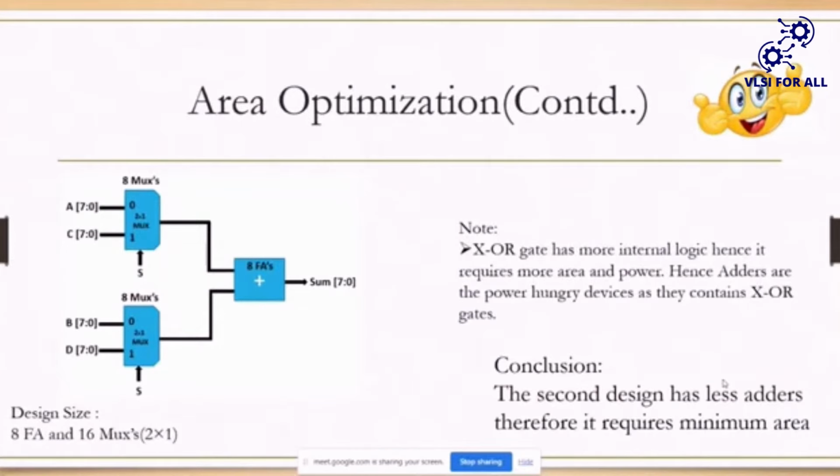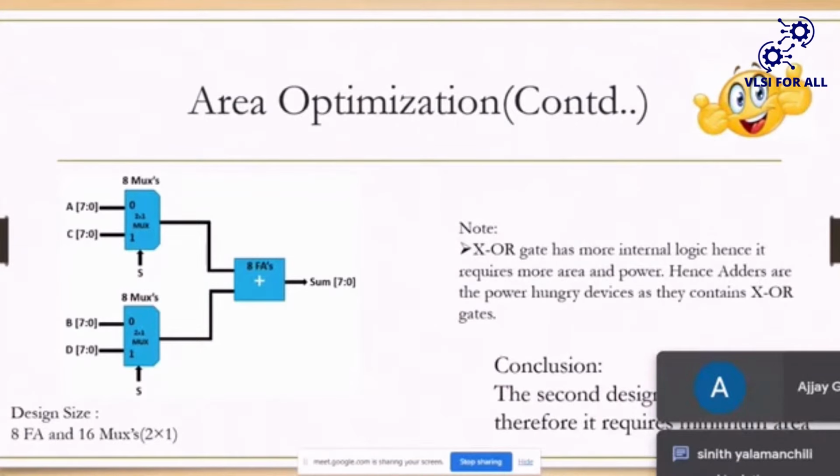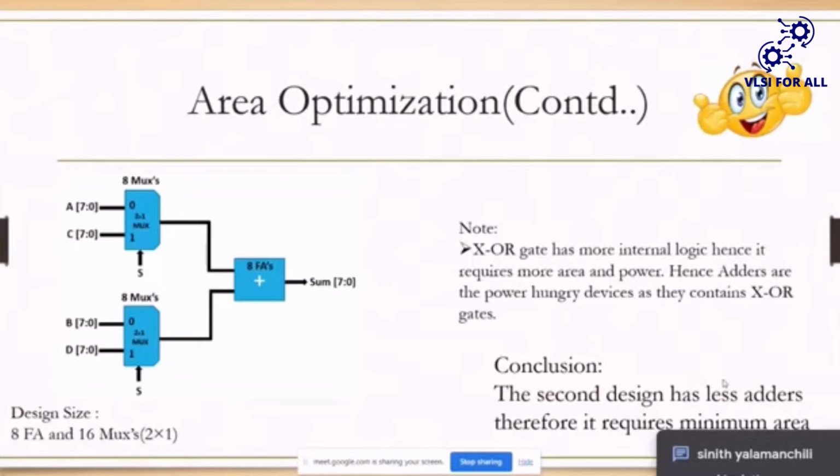Now let's see the second slide, team. Here you see the design, first we are selecting either A or C through the multiplexers, and there is one more set of 8 2-to-1 multiplexers for B or D. These multiplexers select either A or C, or B or D. Now 8 full adders are adding either A plus B or C plus D only.